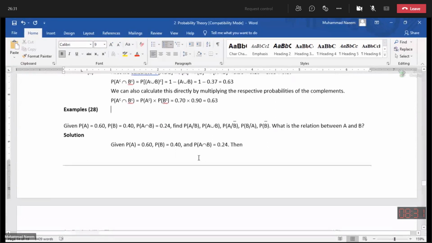Okay, now we have the probability of A, probability of B, and also the probability of the intersection. Calculate the conditional probability, union, probability of A given B complement, probability of B given A, and probability of the complement.